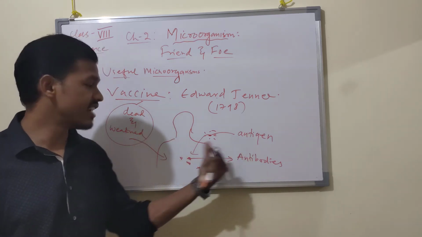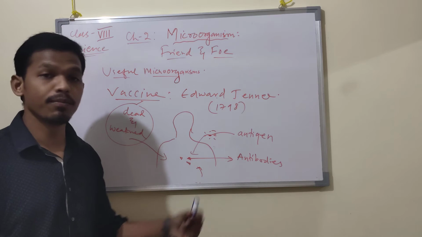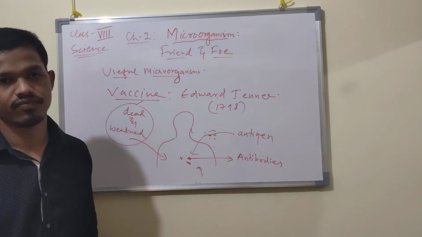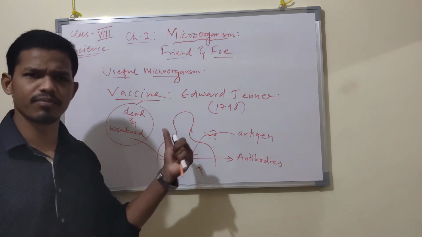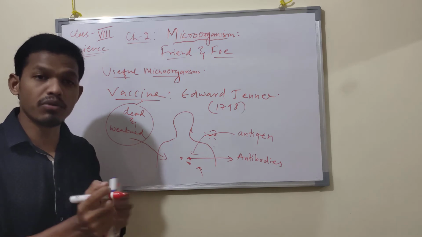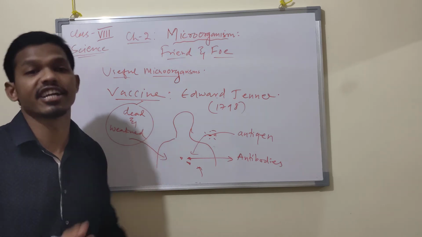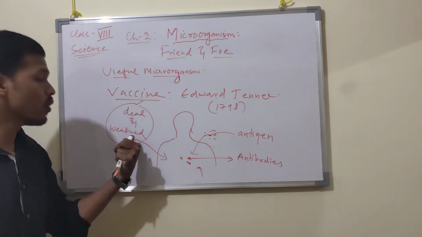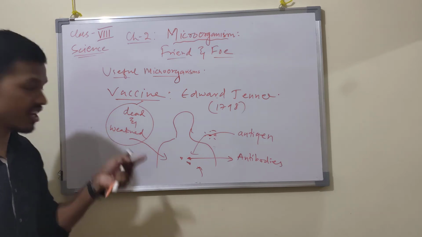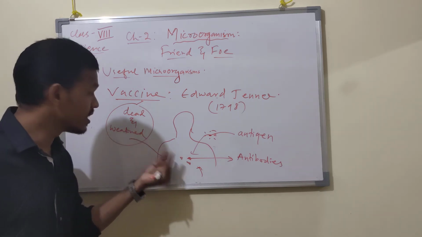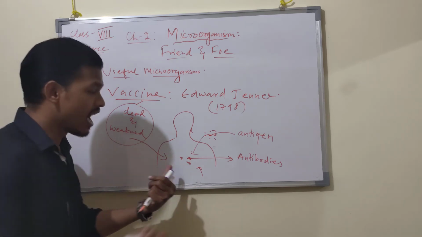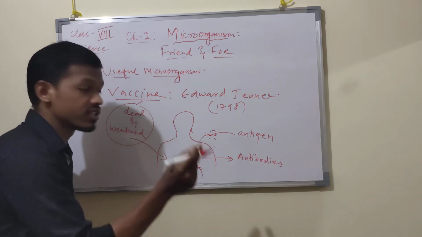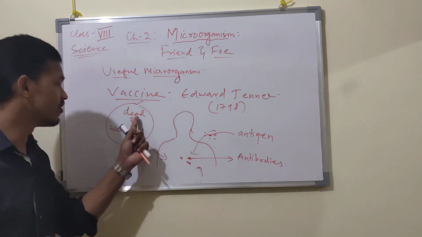What happens? When the antigens enter into our body, these antibodies will bind them and make them inactive. They will not carry out their metabolism or multiply. So in a vaccine, they introduce dead and weakened microorganisms through an injection into our body, and our body produces antibodies which can fight these diseases.